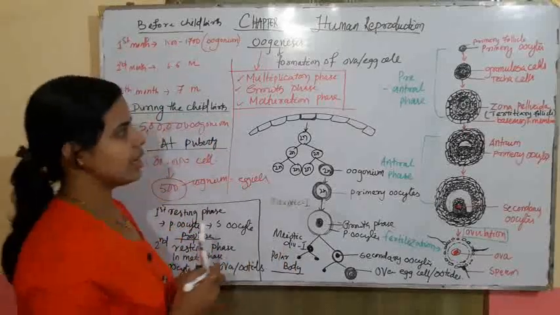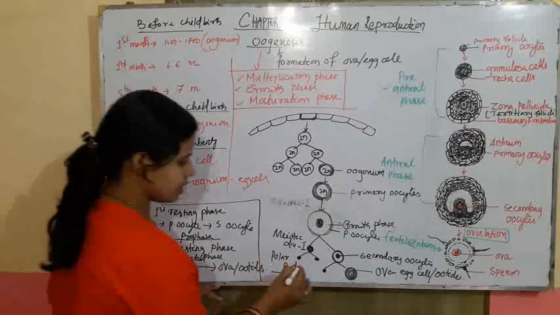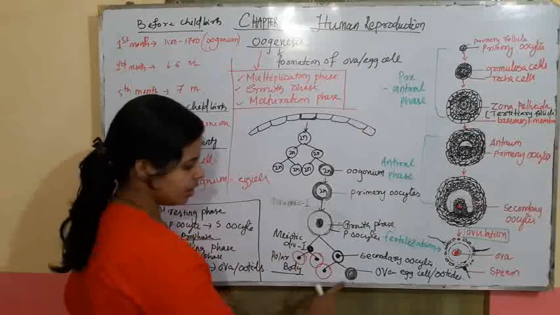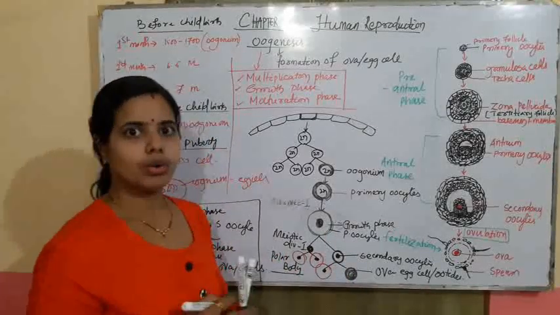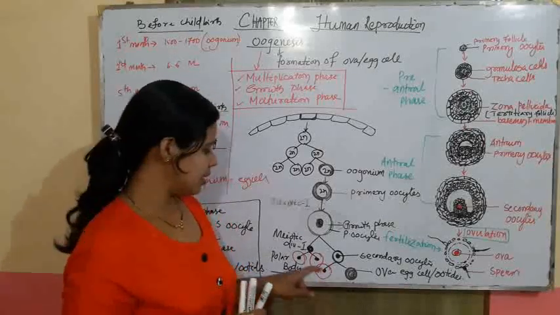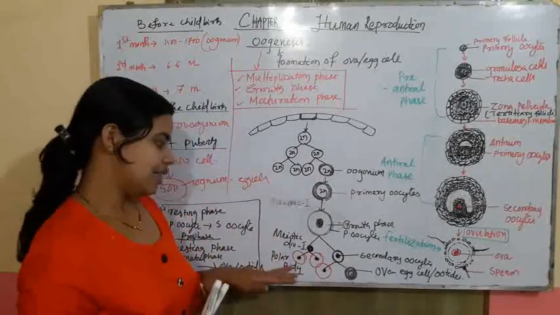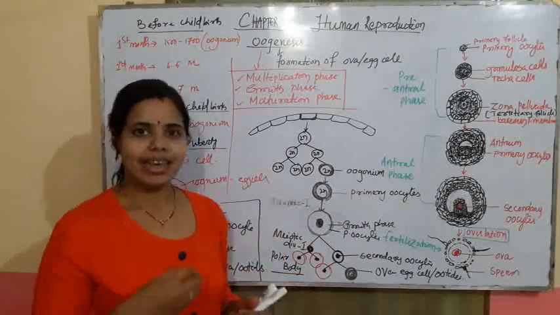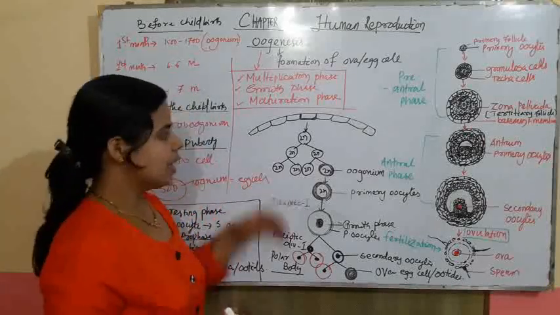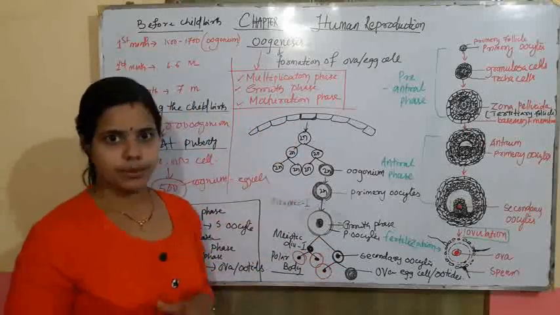In this case you can see 3 polar bodies form: 1, 2, 3. 3 polar bodies and only 1 ovum or ootid will form. You have to remember that 3 polar bodies are formed and 1 ootid cell is formed, and the polar bodies are extruded, or you can say slowly degenerated. This is the schematic representation of the oogenesis process.